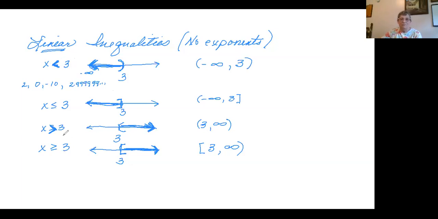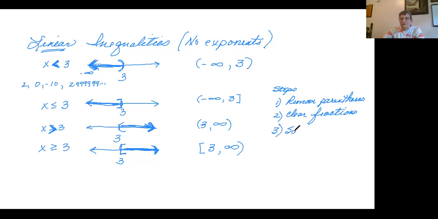Now, the one difference between solving a linear equation and a linear inequality. You still want to always remove parentheses or any type of grouping symbol. So that's going to be done usually by distribution. You want to clear your fractions by multiplying both sides by the common denominator.